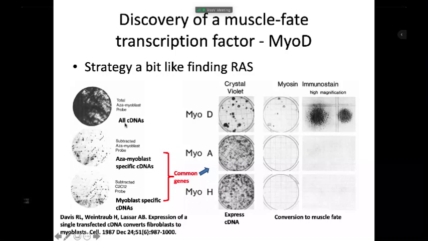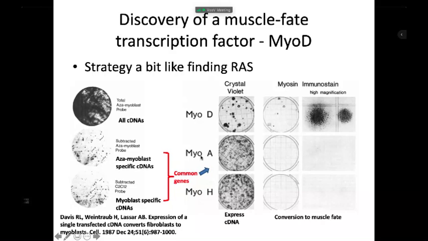So we have our probe that makes myoblasts treated with 5-azacitidine, so our fibroblast to myoblast. We also have a myoblast specific library, and then we ask the question, what are the common genes in these 2 libraries?